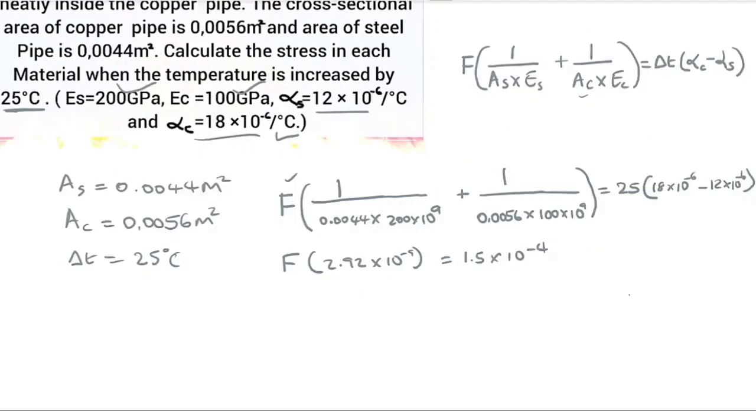Then from here the force is 51369.86 newtons. That's the force we're going to use in calculating both the stress for the copper and the stress for the steel.